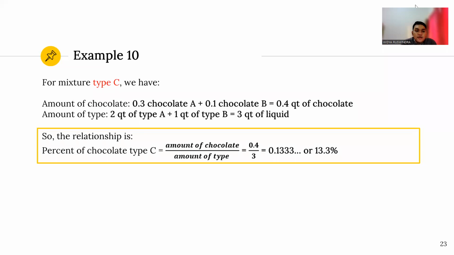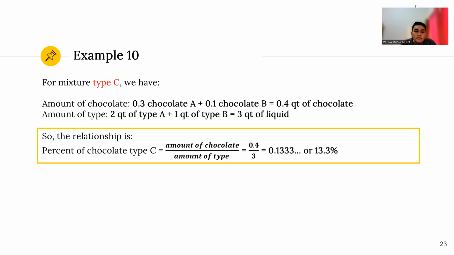For mixture type C, the amount of chocolate is 0.3 from type A plus 0.1 from type B, which equals 0.4 part of chocolate, and the amount of mixture is 2 parts of type A plus 1 part of type B, equal to 3 parts of liquid.